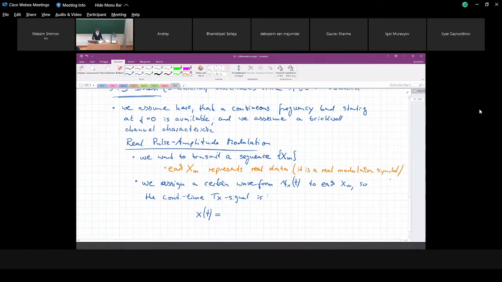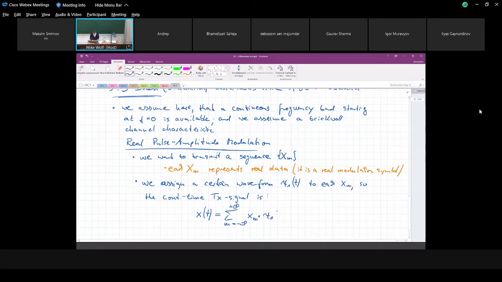Okay, now we can write this transmit signal, which is continuous time. Sum, m goes from minus infinity to plus infinity. Now, maybe I write here a lowercase letter to say this is a concrete sequence. Otherwise, the transmit signal would also be a process. Just want to say this is a concrete sequence, xm, and these values weight this concrete signal waveform.